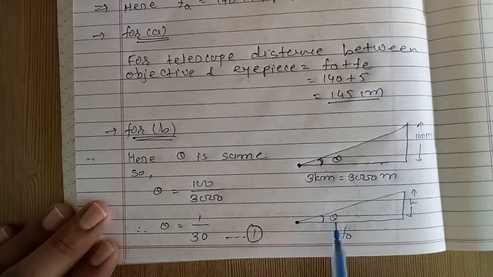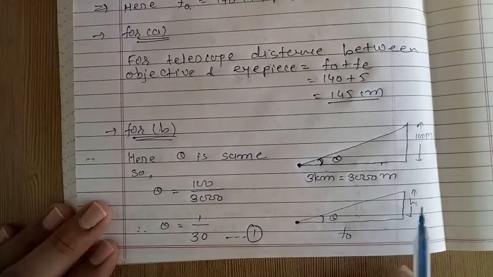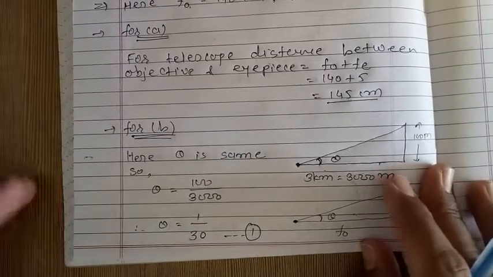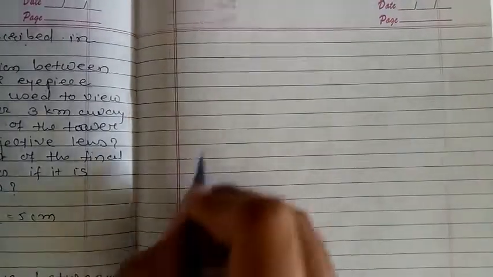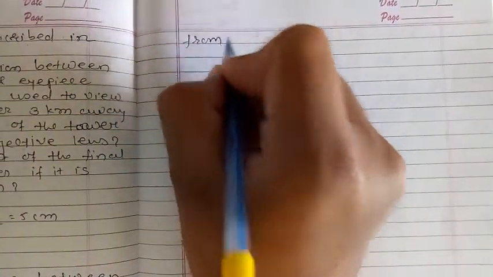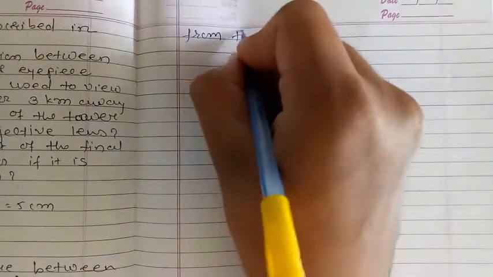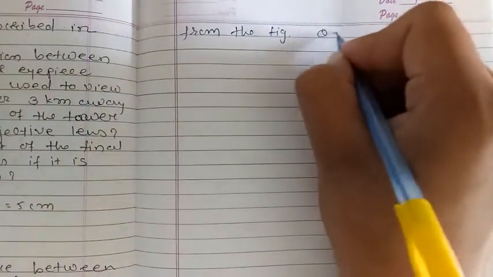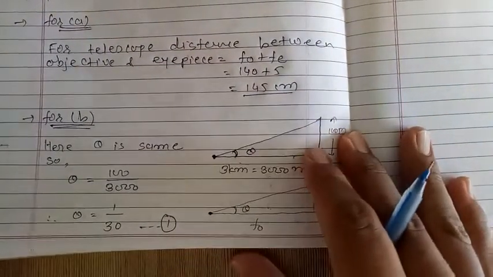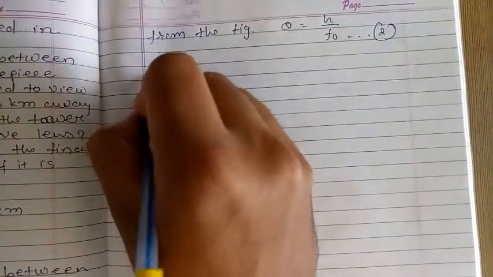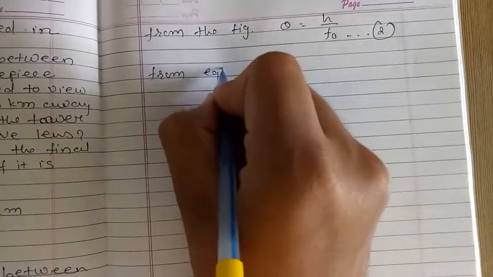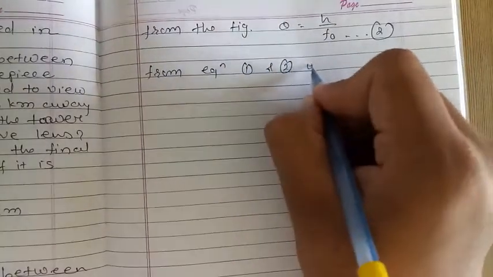Now for the objective we can say that from the figure theta is equal to h upon FO, equation number 2. So from equation 1 and equation 2 the left hand side is the same, right?